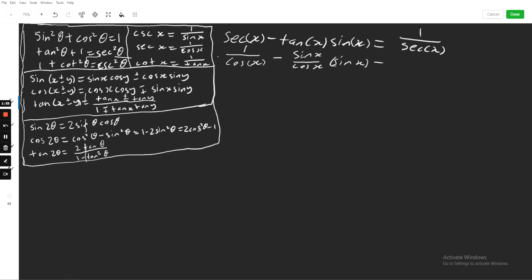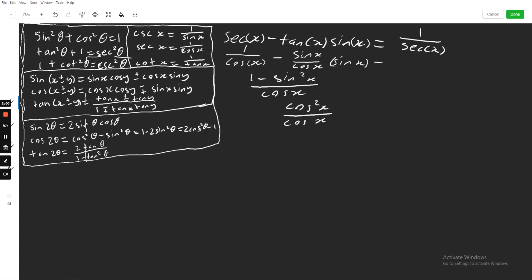Since they have the same denominator, we can make this 1 minus sine squared x over cosine x. 1 minus sine squared x is equal to cosine squared x, so you can make this cosine squared x over cosine x.